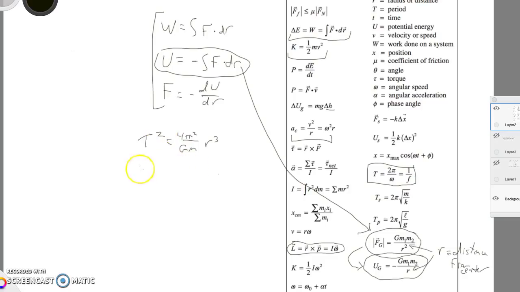In addition, when you talk about escape velocity, that has to do with energy. It comes out of equating the kinetic energy of something to the amount of gravitational potential energy it has. Okay? And then orbital velocity for a circular orbit is going to come from equating the centripetal force to the gravitational force. Okay? And this will tell you the orbital speed of something. It can also lead to this equation here.